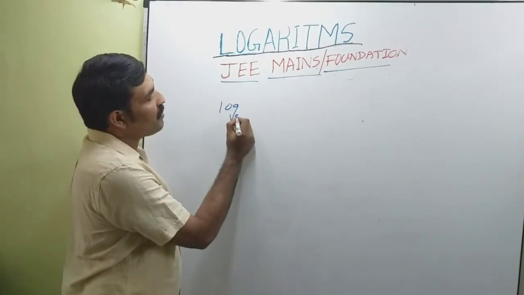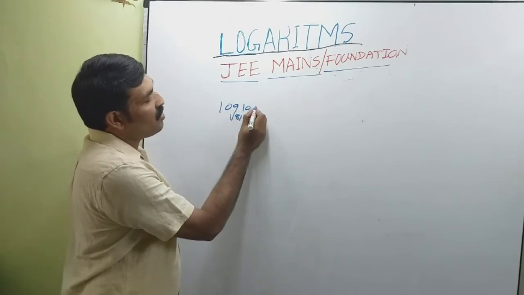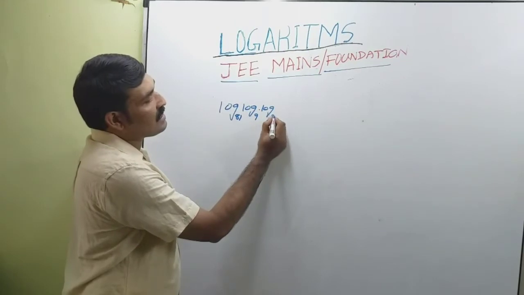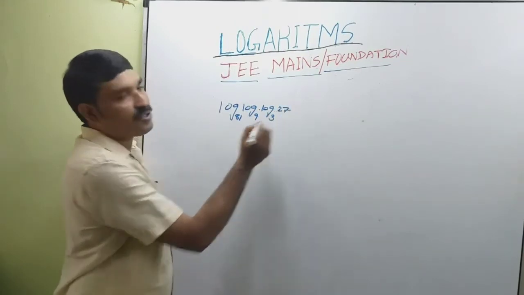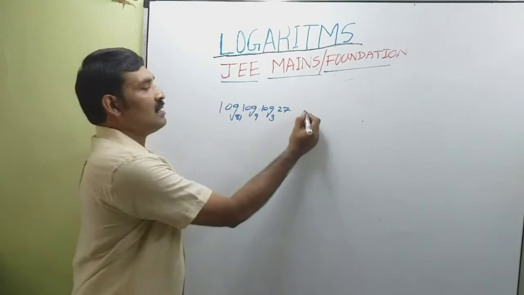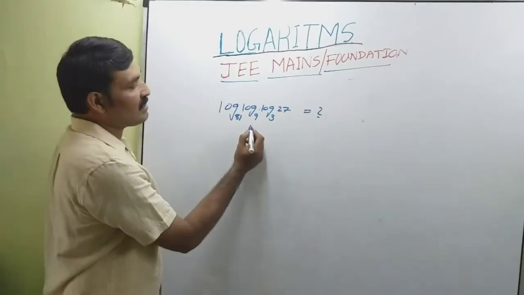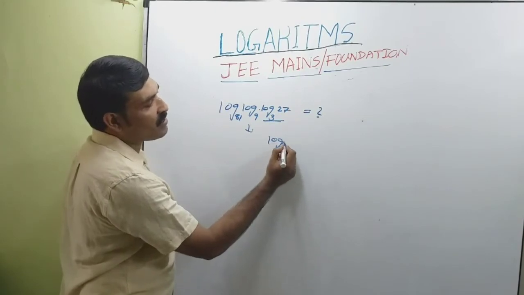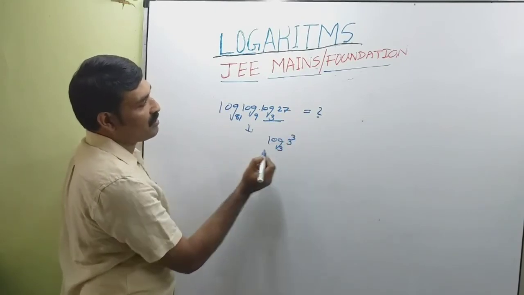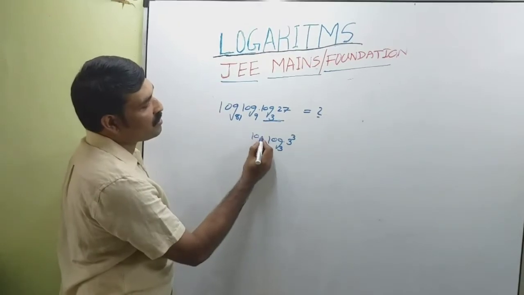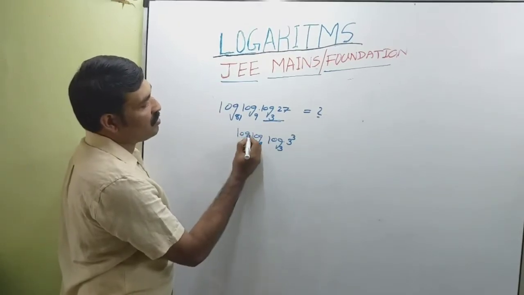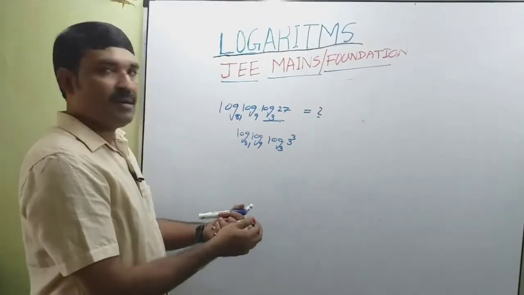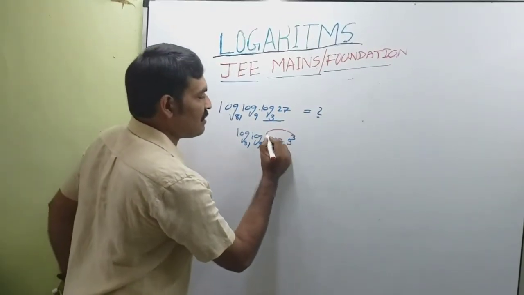Log base 81 of log base 9 of log base 3 of 27 is equal to what? Now we can write 27 as 3 cubed. So we have log base 81 of log base 9 of log base 3 of 3 cubed. Now this 3 jumps to the front.